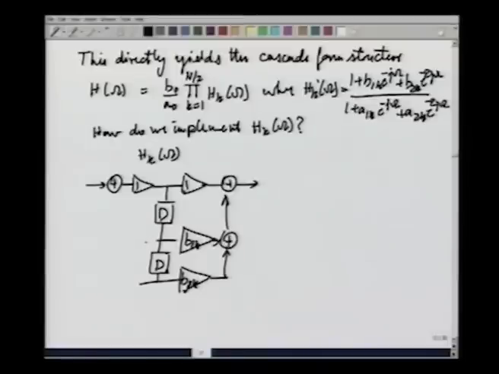On this side we have minus a1k, and here we have minus a2k.